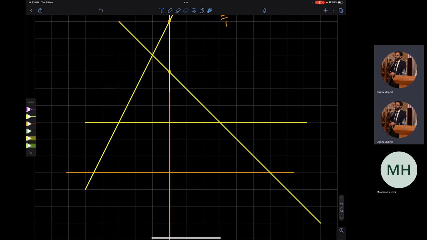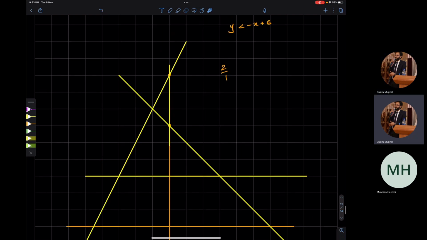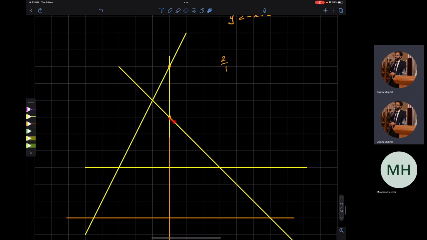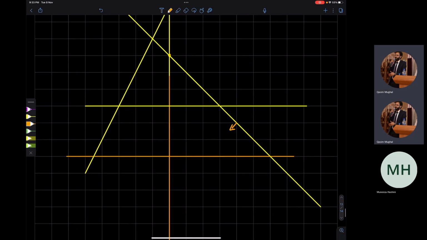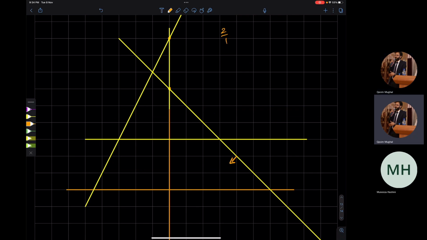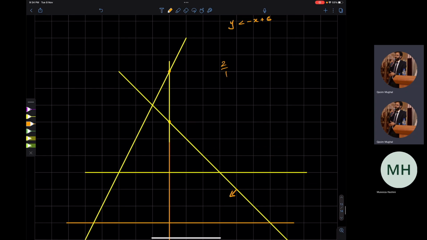Okay, now moving on to the shading part. The first one is y less than this line, so whatever the area is, it is going to be underneath this line. Next is y is less than 2x plus 9, so for the second one it is also underneath this line.